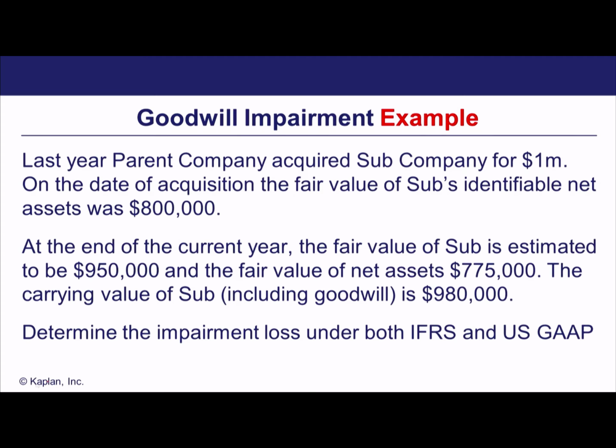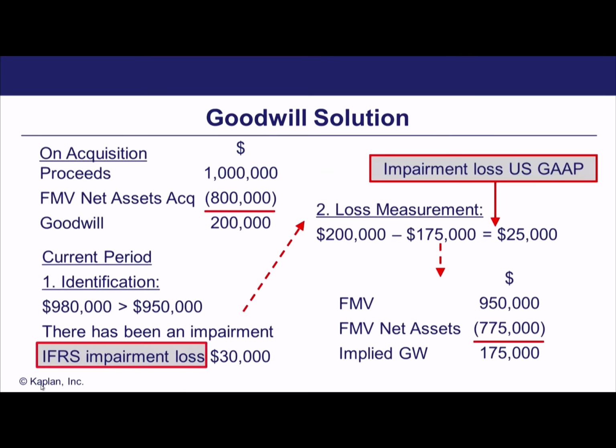At the end of the current year, the fair value of the subsidiary is estimated to be 950,000. The fair value of its net assets, 775,000, and the carrying value of the subsidiary, including the goodwill figure, is 980,000. Determine the impairment loss under IFRS and US GAAP.